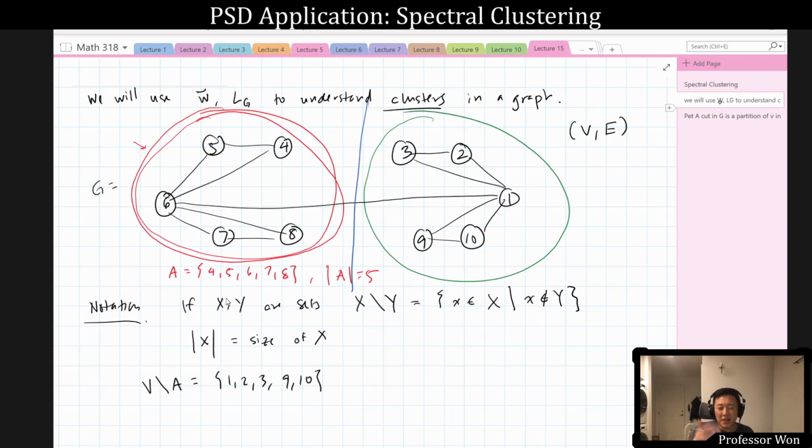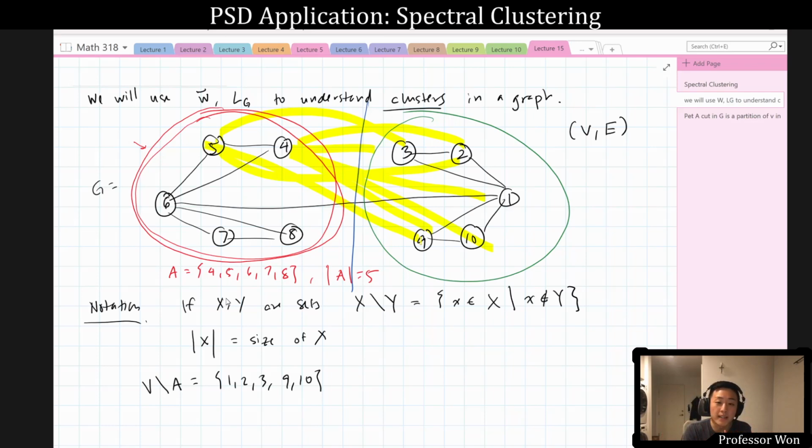And there are many, many possible edges between the vertices in A and the rest of the graph, but only one of them is actually in our graph, right? So if I were to draw all the possible edges, there's this one, this one, this one, there's tons and tons of possible edges. But if I've chosen this set A, of all the possible edges, there's only actually one edge in the graph.